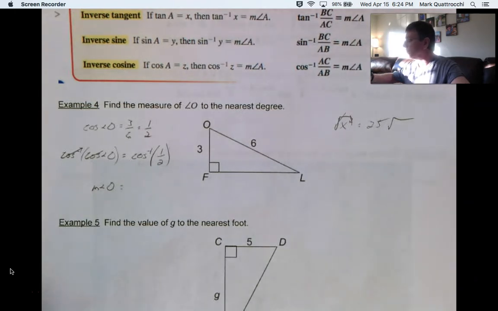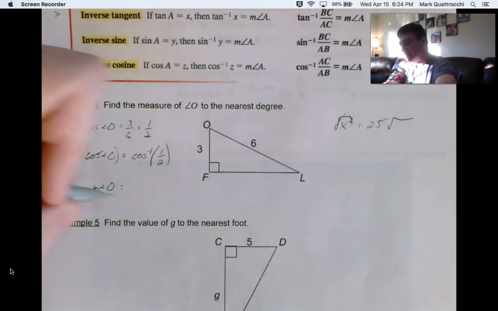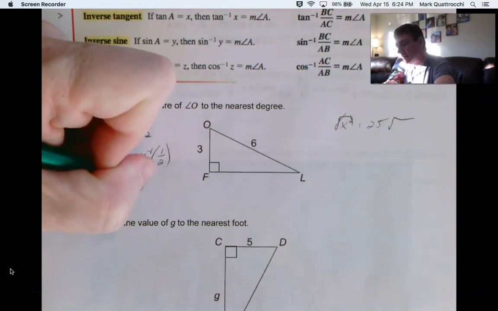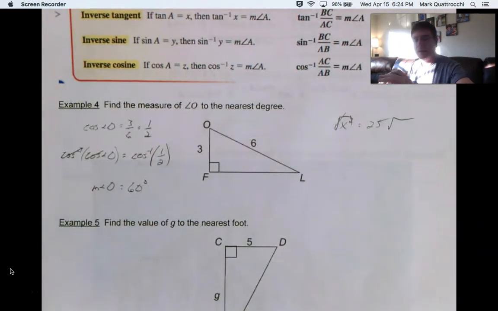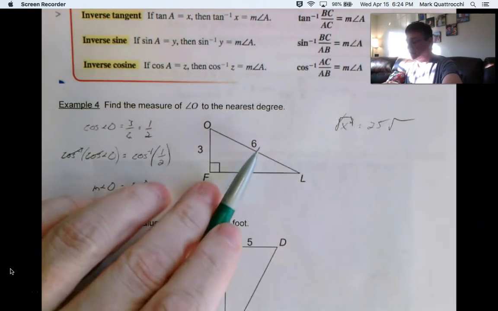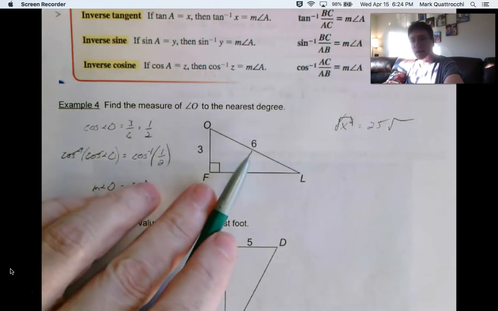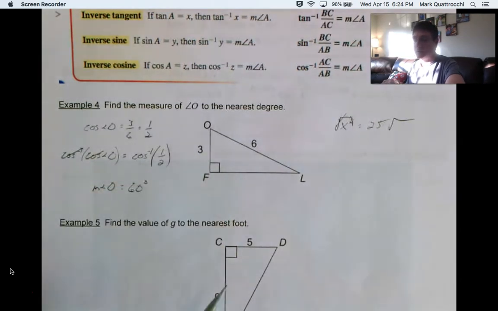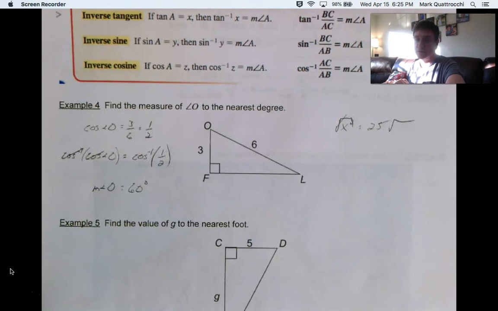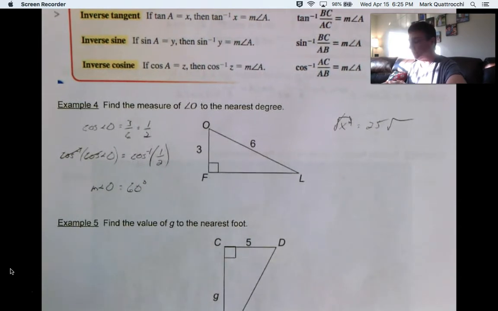Inverse cosine of 0.5 gives me 60 degrees exactly. Now this, we probably could have guessed early on that it was going to be 60 degrees because this is the hypotenuse and this is a leg and the leg is half of the hypotenuse. That only happens if one of the angles of the right triangle is 60 degrees. Okay.